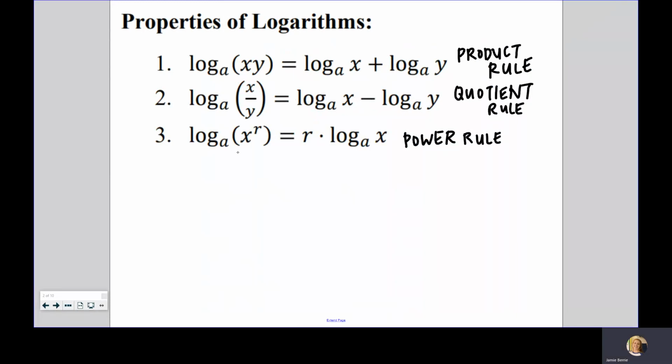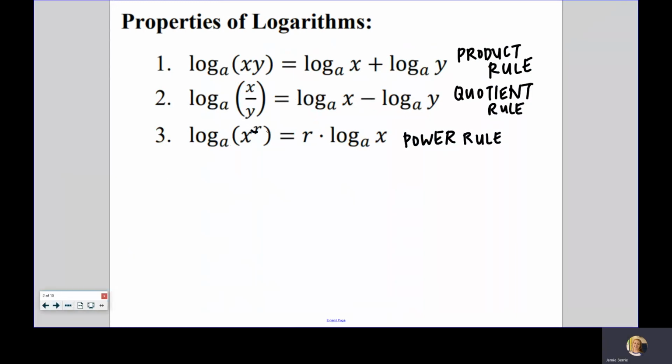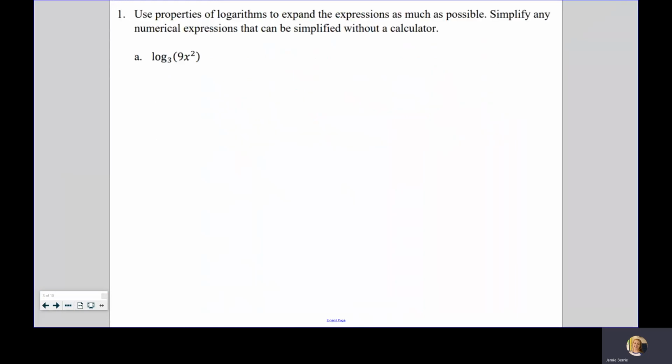The last one, the power rule, says if you have log base A of x to some power r, you can bring that power or that exponent out front, and you can have r times log base A of x. So this is a great way to get things out of the exponent whenever you're solving logarithmic equations. All right, so let's look at some examples where we're going to practice using these properties.